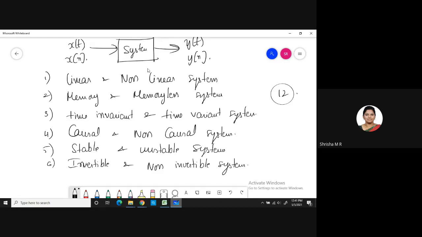So the output depends on the input and the nature of the system. Based on the system and the changes produced by it, the output will have some value.